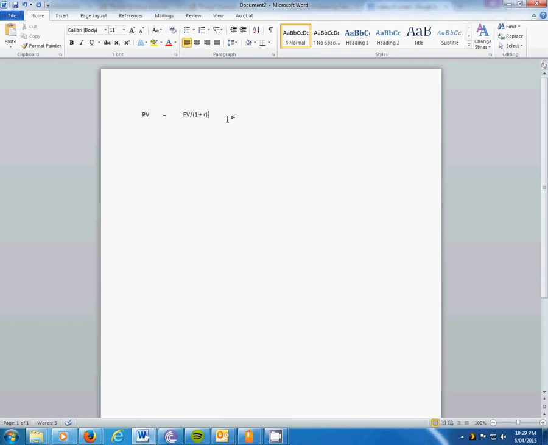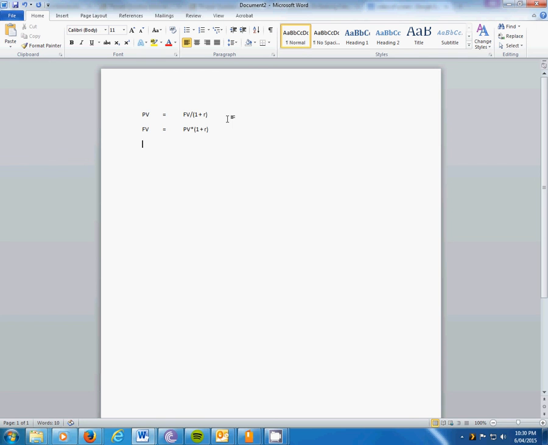If I have $100 that I'm going to get at the end of the year, and it's currently the start of the year, I just divide it by 1 plus the interest rate. With a 10% interest rate, I divide by 1 plus 0.1. It's exactly the reverse of saying I've got $100 now and want to know how much I'll have at the end of the year: I go PV times 1 plus the rate.